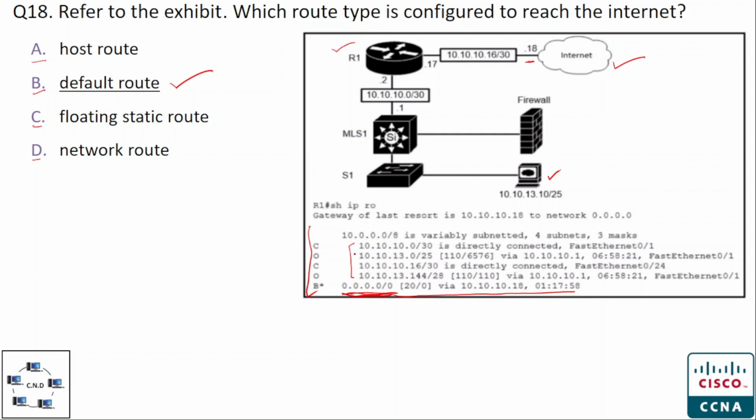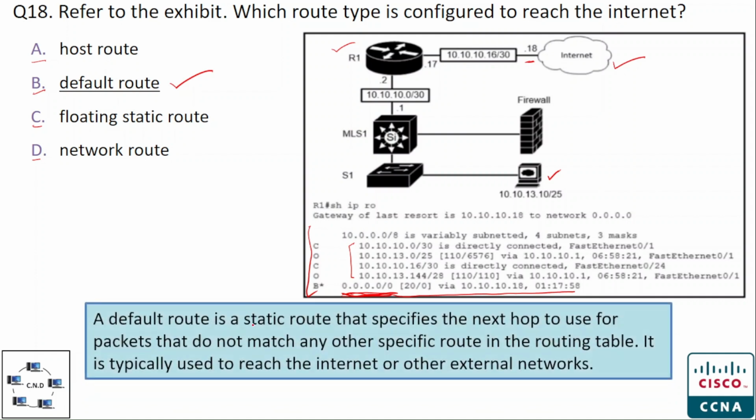If the destination is not available in these routes, then the default route is used, since the default route contains all the destinations. Let me bring up the explanation. A default route is a static route that specifies the next hop to be used for packets that do not match any other specific route in the routing table. It is typically used to reach the internet or other external networks.